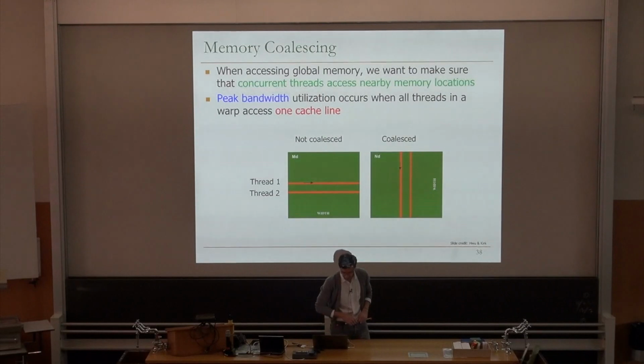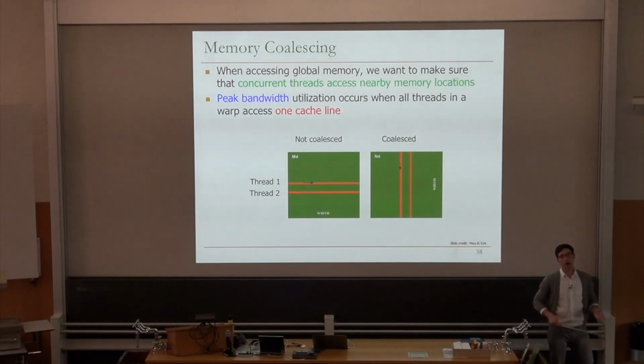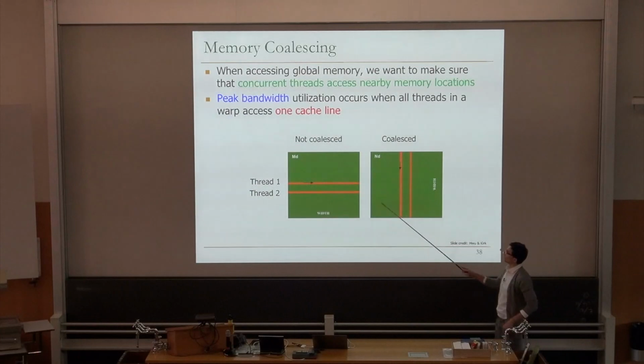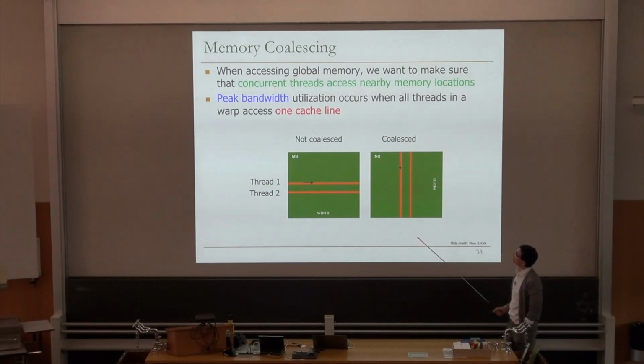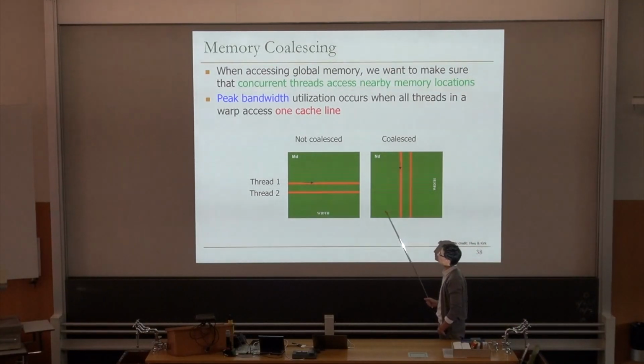And here you can see the very first two examples of what a coalesced or a not coalesced access is. Here we have two matrices, MD and ND. And these orange lines are highlighting the way that threads are going to access the elements of these two matrices.